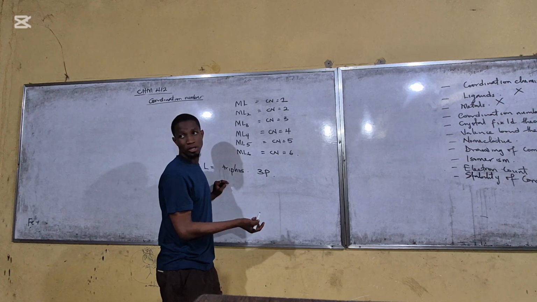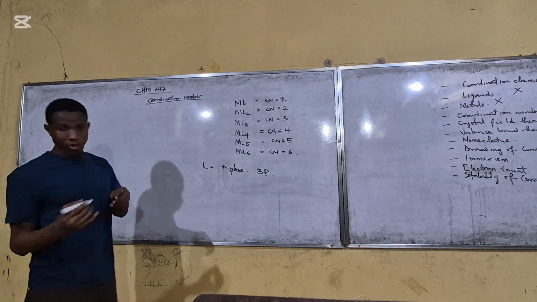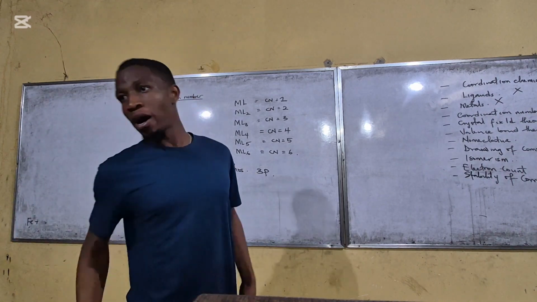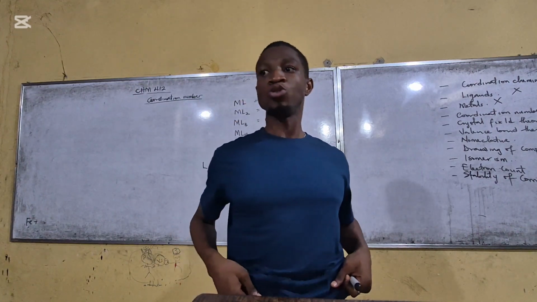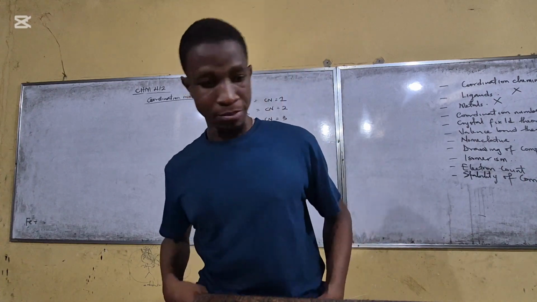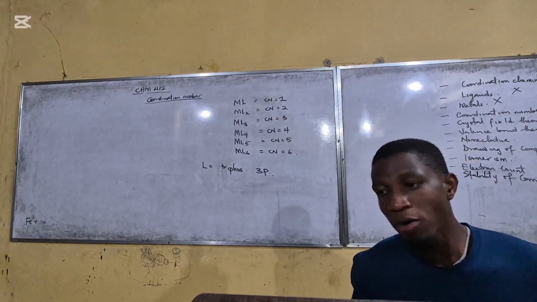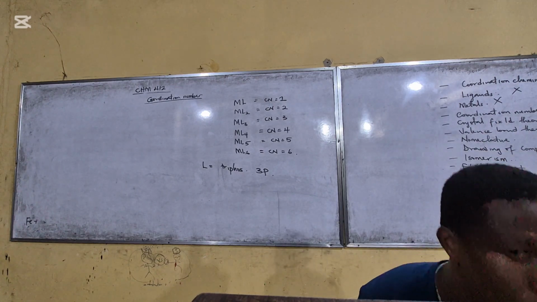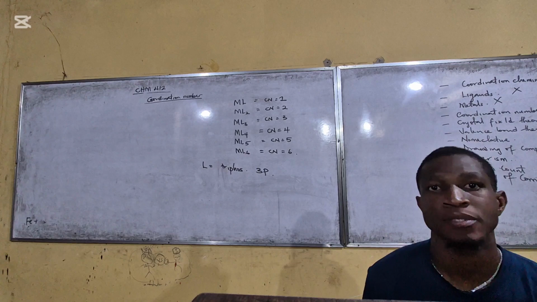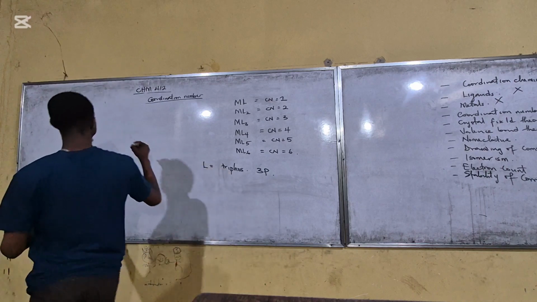No, that has to change. So when you are defining coordination number, you say coordination number is the number of donor atoms in a ligand that is donating to the metal center, or that is coordinated to the metal center.